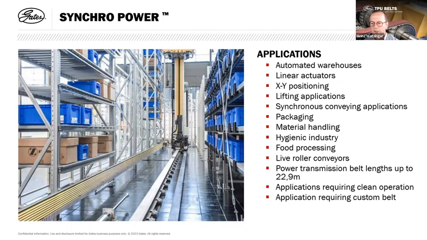Looking at our next belt, Polychain Carbon Volt. This is our highest capacity standard belt. It's based on thermoset polyurethane; thermoplastic's the next slide. And it is extremely high capacity.